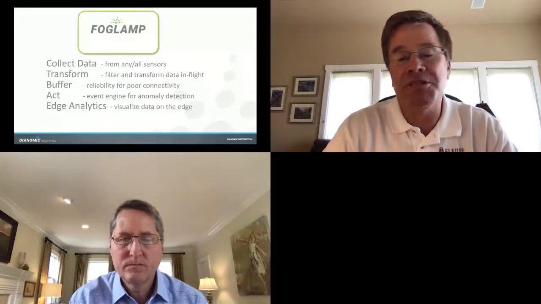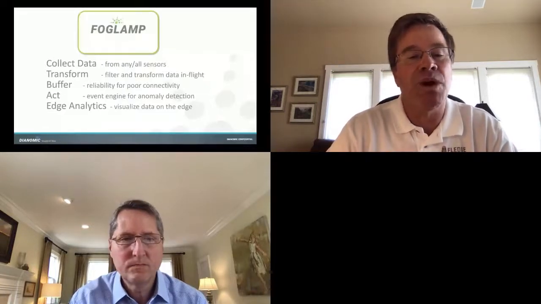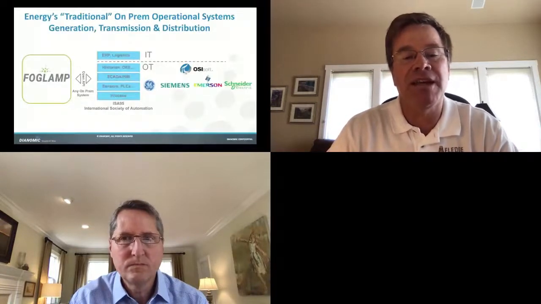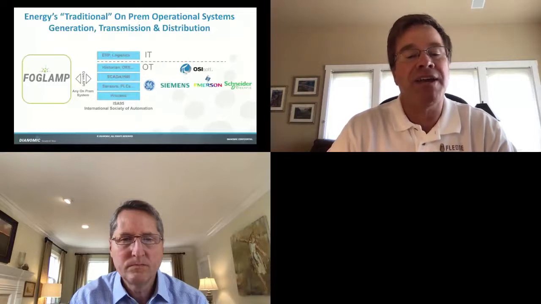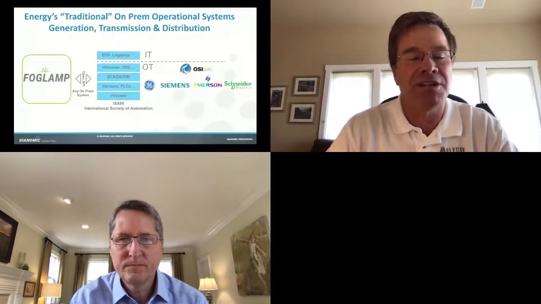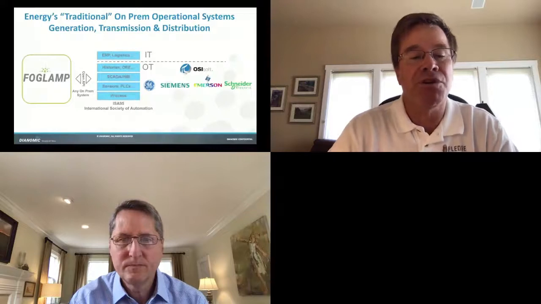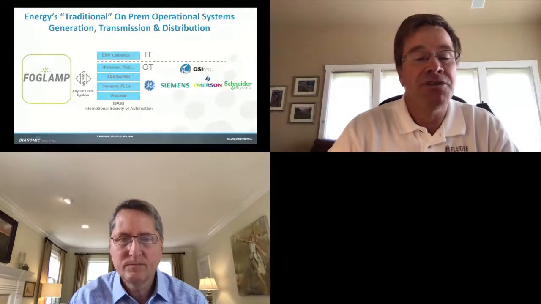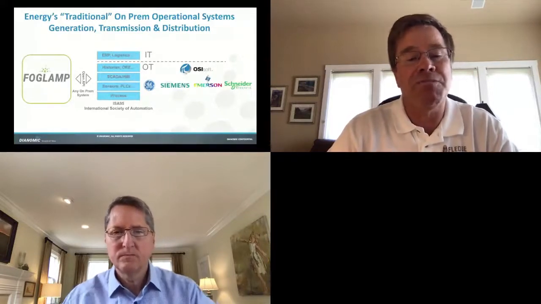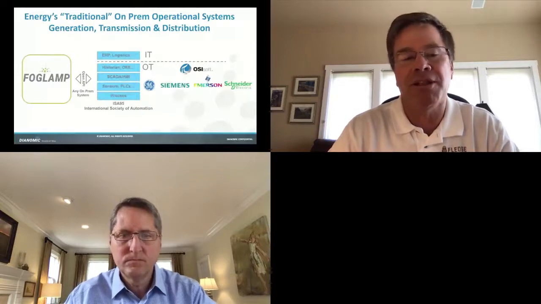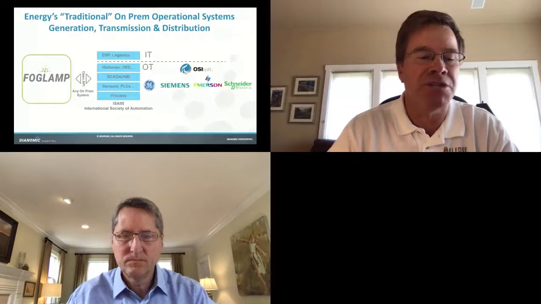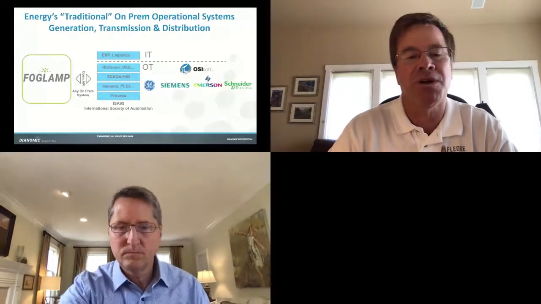So in energy, specifically to this conversation, what are the unique connections you'll find that an industrial edge technology must support for a utility to use it? I've talked about a little bit of this already, but for instance, historians are broadly used throughout energy today as a recorder of all of the operations in transmission, distribution, as well as generation.